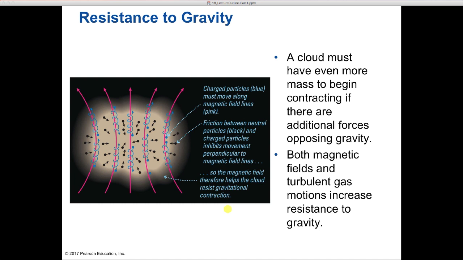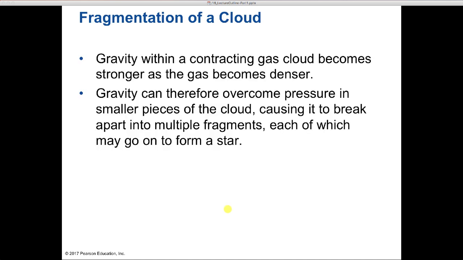So if you have a cloud of gas and dust that's very turbulent and has magnetic fields in it, and it doesn't have a lot of molecules, it's going to be very difficult for gravity to contract that cloud enough. There would have to be enough mass there so that gravity was strong enough to make that cloud small enough or contract it tight enough to increase the temperature and the density to form a star.